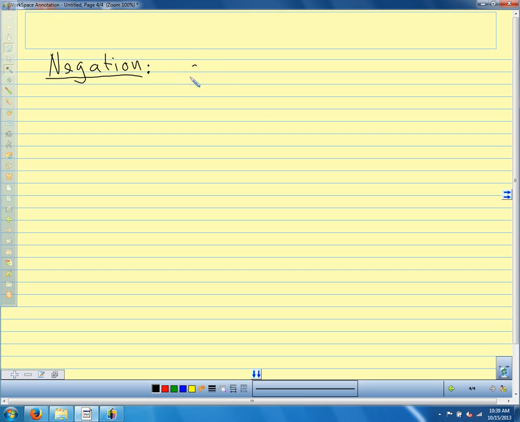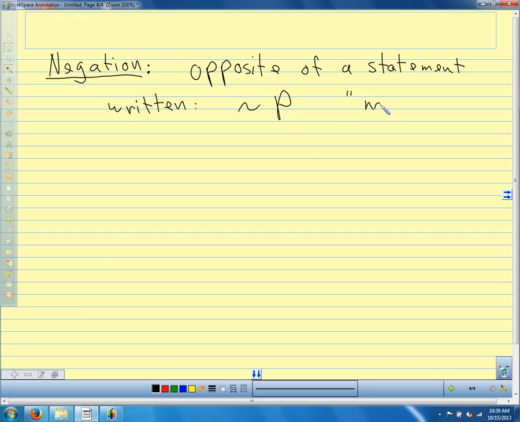So negation means the opposite of a statement. And we write this, we have a special little symbol, this little squiggle, and we read that as not P. So not means the opposite.